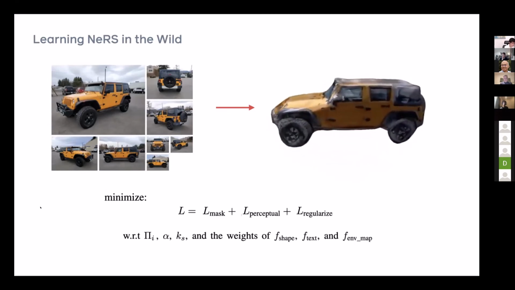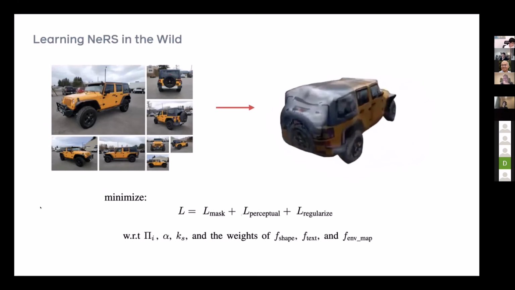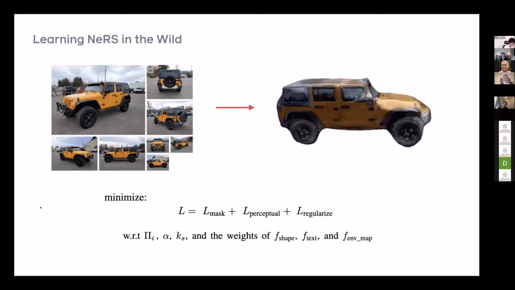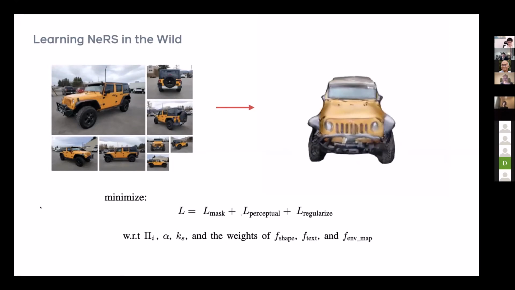To be more concrete, what we learn are the shape, the per-pixel texture, and the environment map lighting. All of these are neural networks that model the respective properties. And we also optimize the cameras associated with each of these views and alpha and K, which control how specular the surface will be.